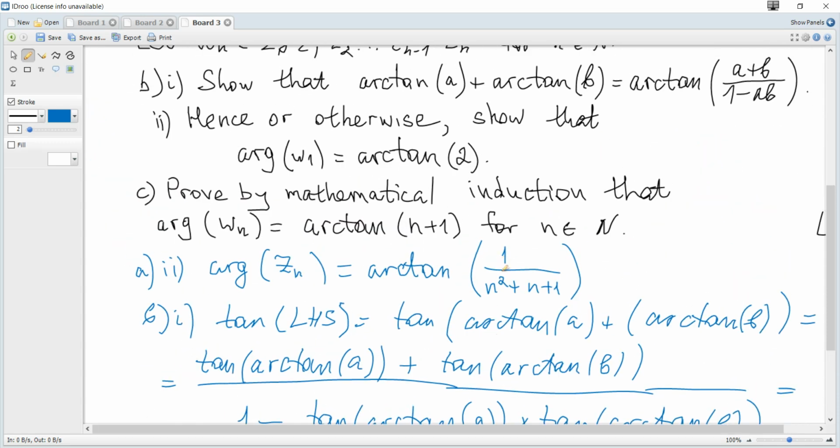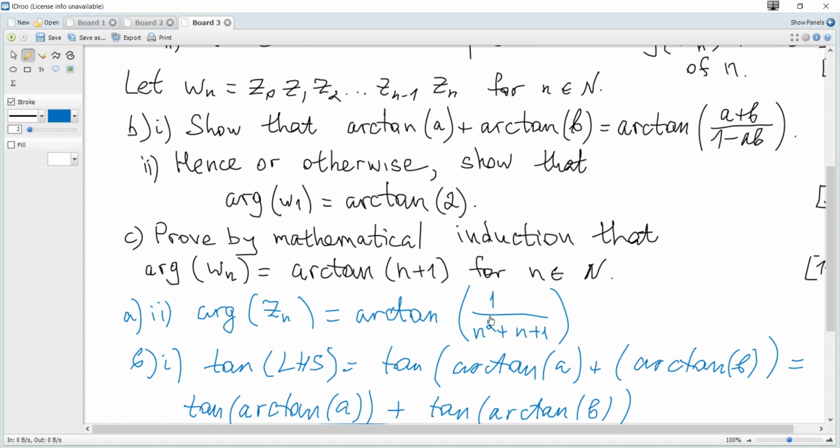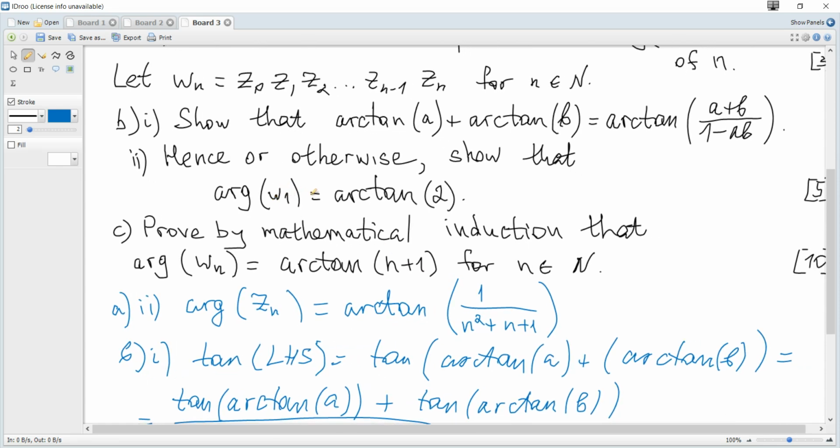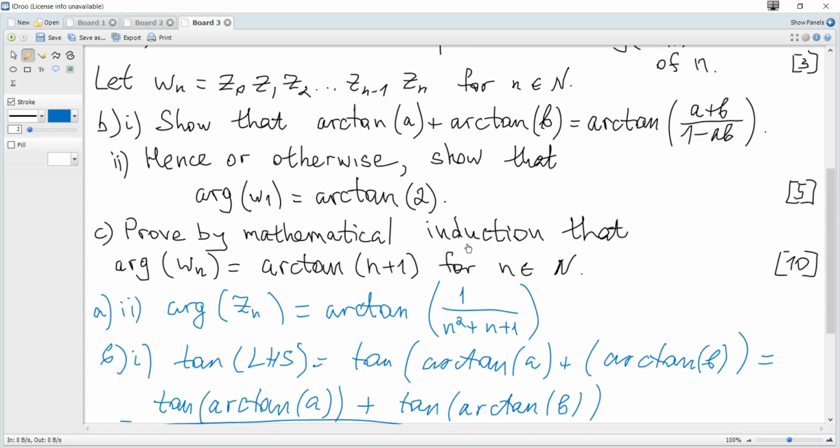Next, hence or otherwise show that the argument of w_1 is arctangent of 2.